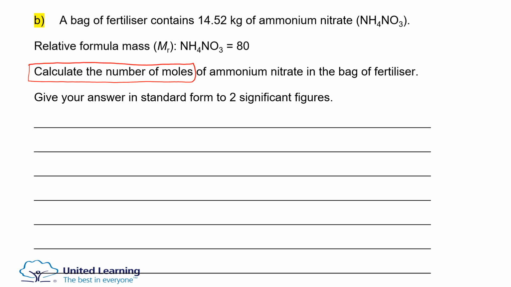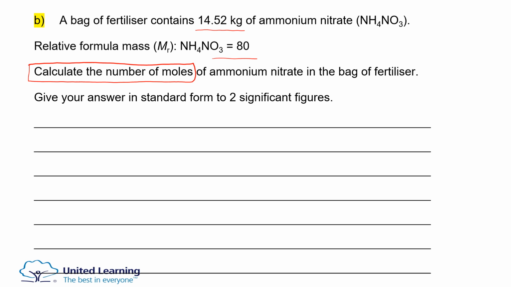The U stands for underline any of the other important information, and in the question it tells us that a bag of fertiliser contains 14.52 kilograms of ammonium nitrate, which will need converting because we calculate mass in grams, and it's given us the relative formula mass for ammonium nitrate, which is 80, so we don't need to work that out.